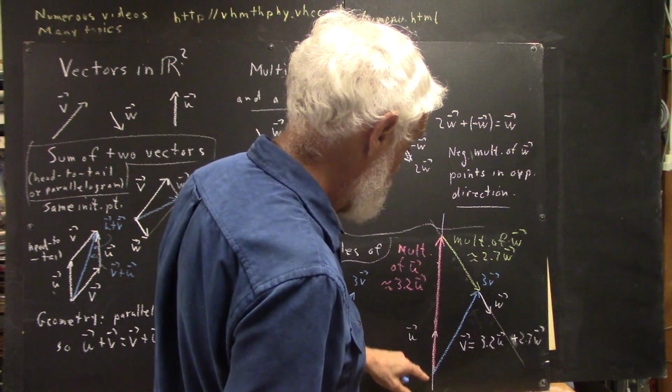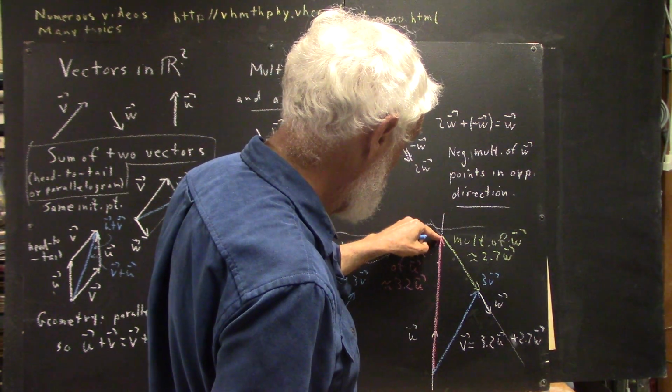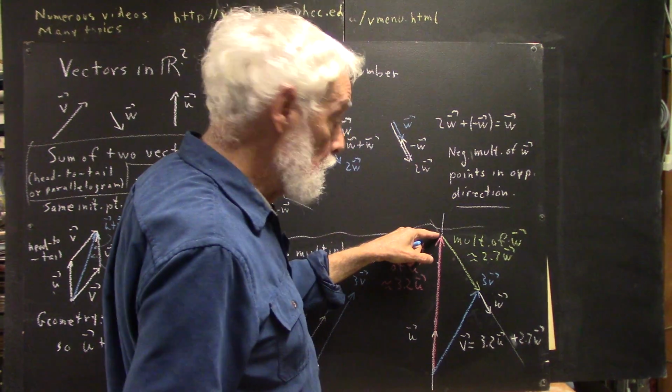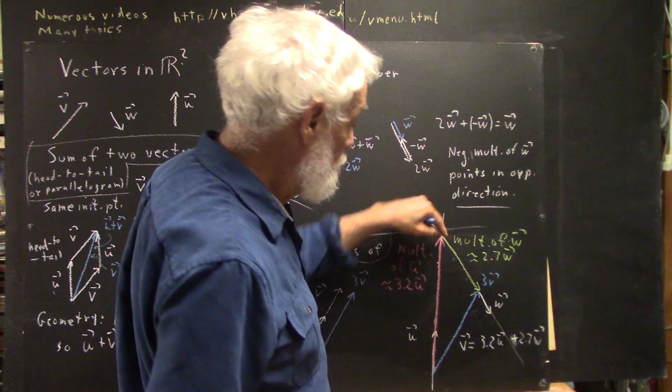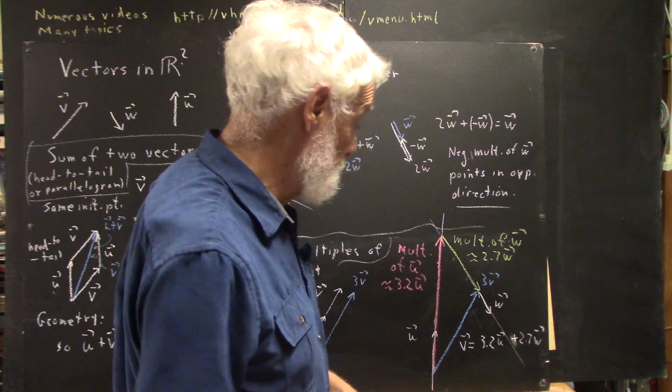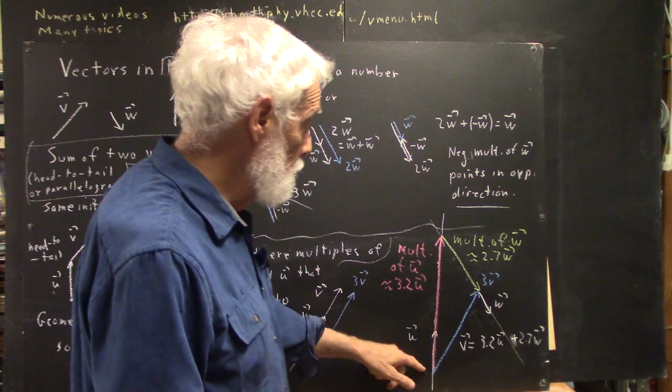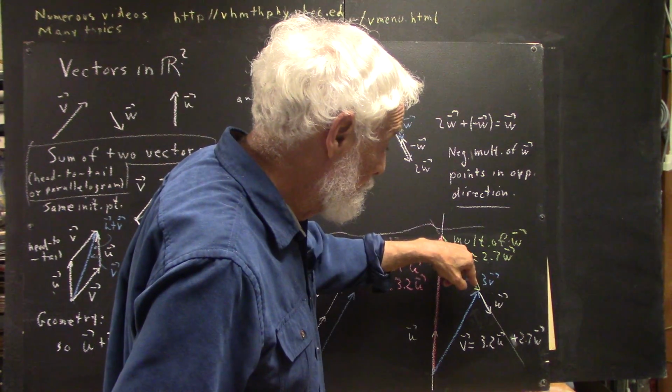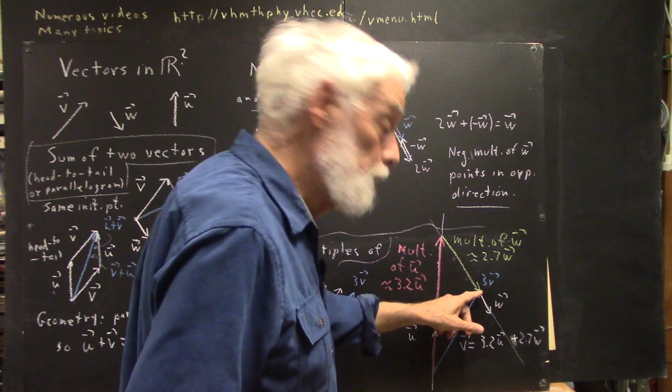Then, if we draw a vector from here to here, that's a multiple of u. And a vector from here to here is in the same direction as v, so it's a multiple of v. So we have a multiple of u plus a multiple of v equal to 3v.